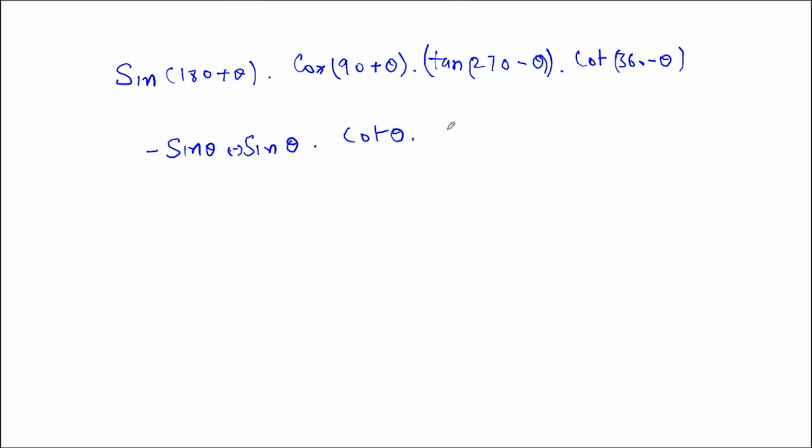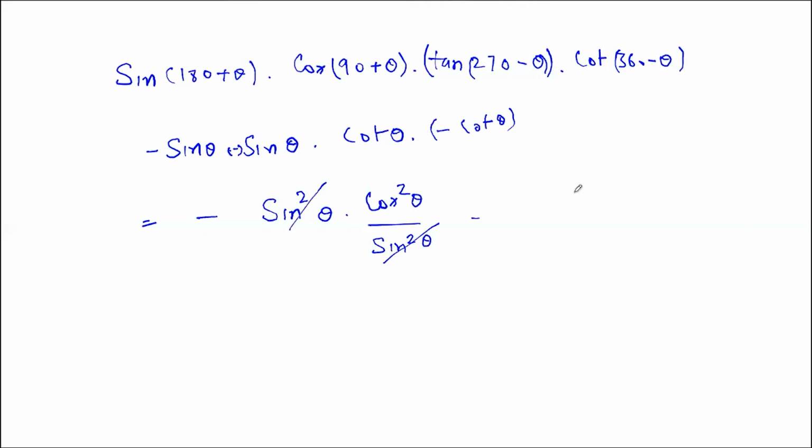And cot 360 minus theta, the fourth quadrant, cot is negative, and it will not change anything, right? So minus, minus, minus, three minus signs, so a minus sign, sine square theta into cot square theta, which I can write as cos square theta by sine square theta. We can cancel out and you are getting minus cos square theta, the simplest form.